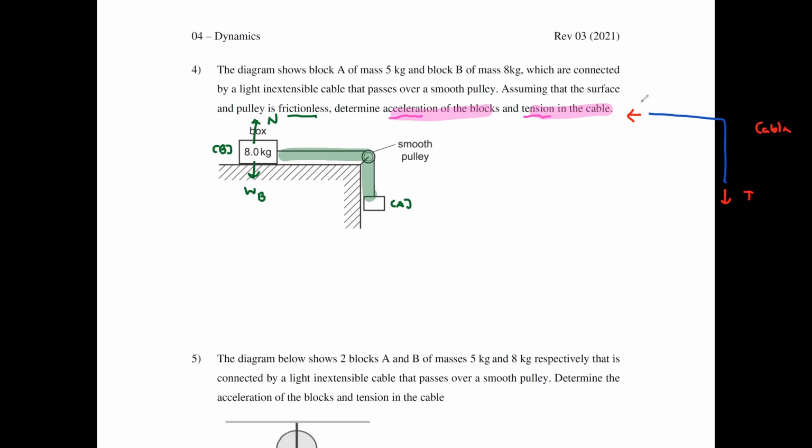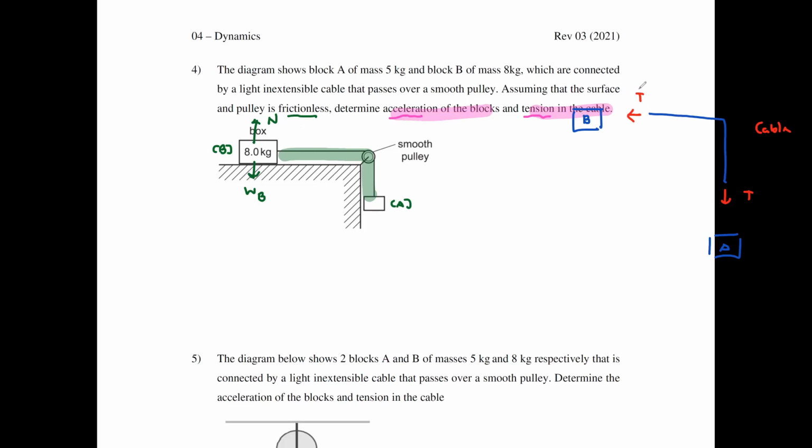Okay, that force is known as your tension. But now if I consider only the forces acting on the block, this one is your block B, this one is your block A. You see there's a force being exerted on the cable here. There will be an equal opposite force on the block.